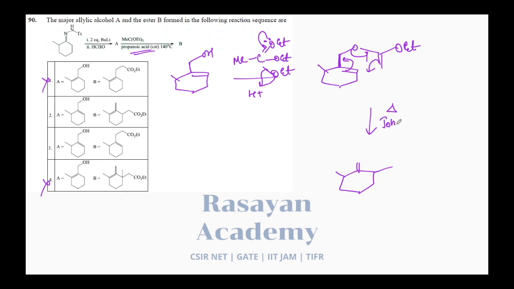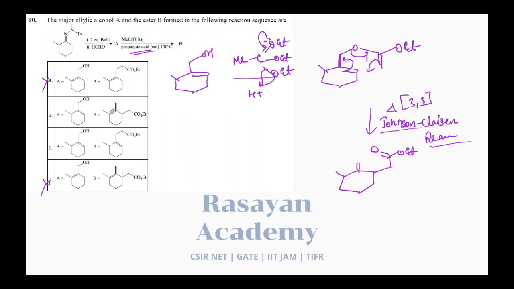So this is going to be the Johnson-Claisen rearrangement. Yes guys, you have different names for the 3,3-sigmatropic reaction. I have made a video which has plenty of name reactions on 3,3-sigmatropic. You can just check it out. So this is going to be your product. All right. Yes, absolutely. This is going to be the product, and the reaction is Johnson-Claisen rearrangement.